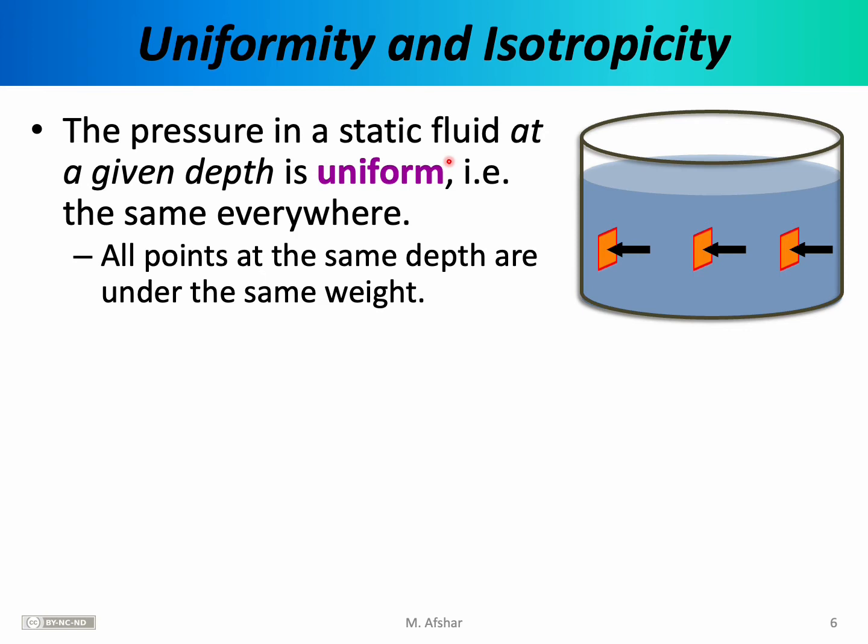We'll discuss dynamic fluids, fluids that move, fluids that flow through a pipe, for example, in a later lecture. For now, imagine you have a container of arbitrary shape and imagine that it is filled with a fluid at rest. The pressure at a given depth is the same regardless of where you are at that depth.